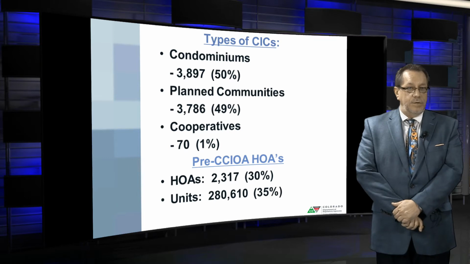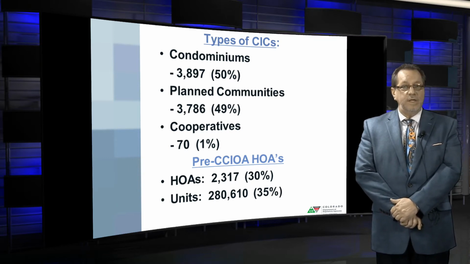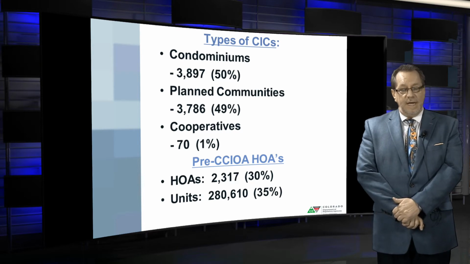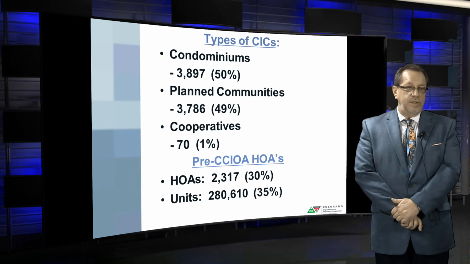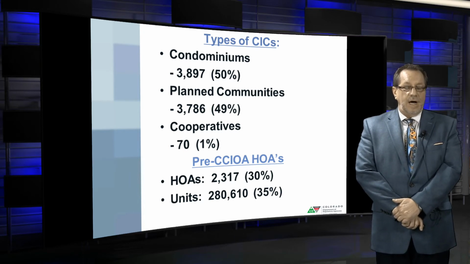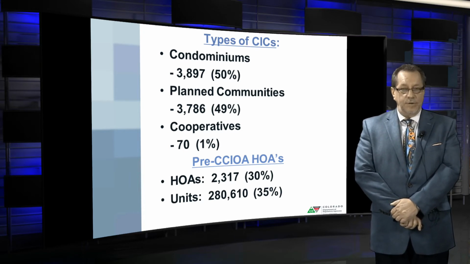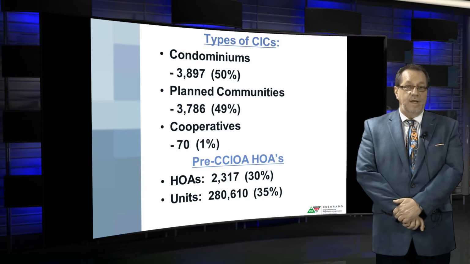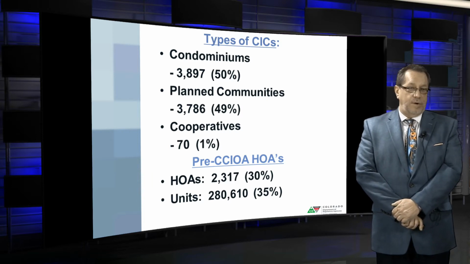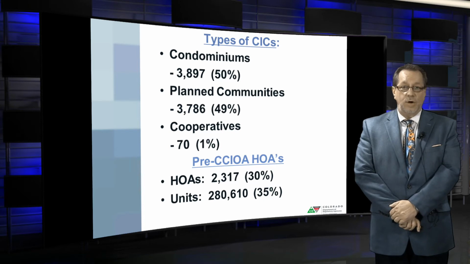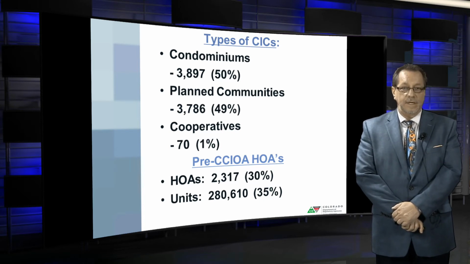Another thing you can do as professionals is download our Excel spreadsheet, which will give you the location, names, addresses, contact information, number of units, everything you need to know about HOAs under a certain zip code and/or city. So take advantage of that and locate that on our website. If you cannot find it, give me a call directly and we'll help you get that.